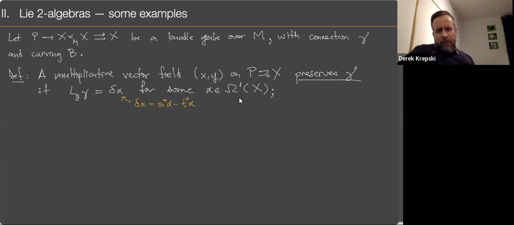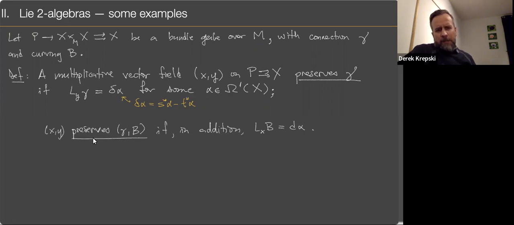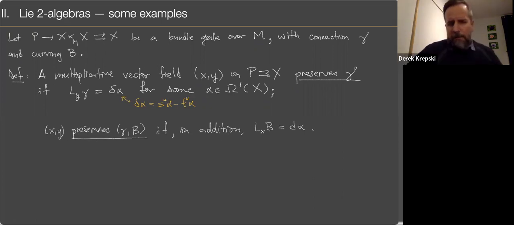So it's for some one-form alpha, and similarly, a multiplicative vector field preserves the curving as well. It preserves both if, in addition, again, x doesn't preserve B on the nose, but it's just exact, so it's just d alpha.